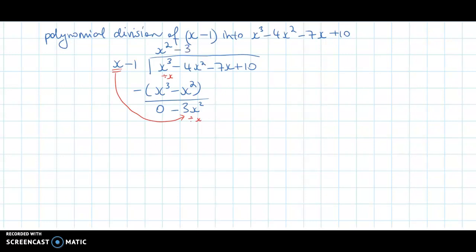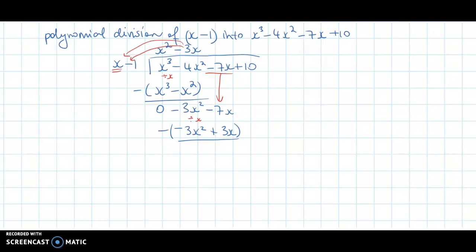I know you're all thinking that's just going to be negative 3x. Then if I cycle back, negative 3x times x gives me negative 3x squared. Negative 3x times negative 1 gives me positive 3x. I can't forget to bring this guy down to join the fun: minus 7x.